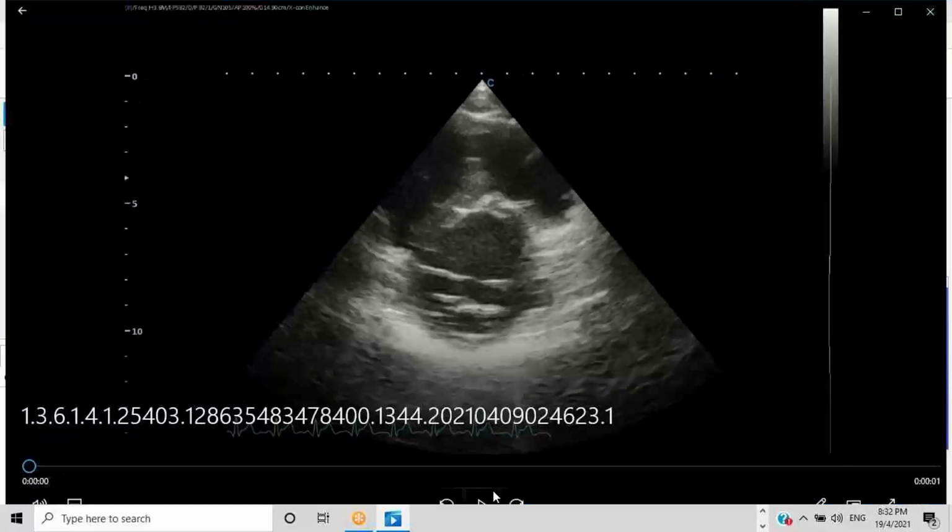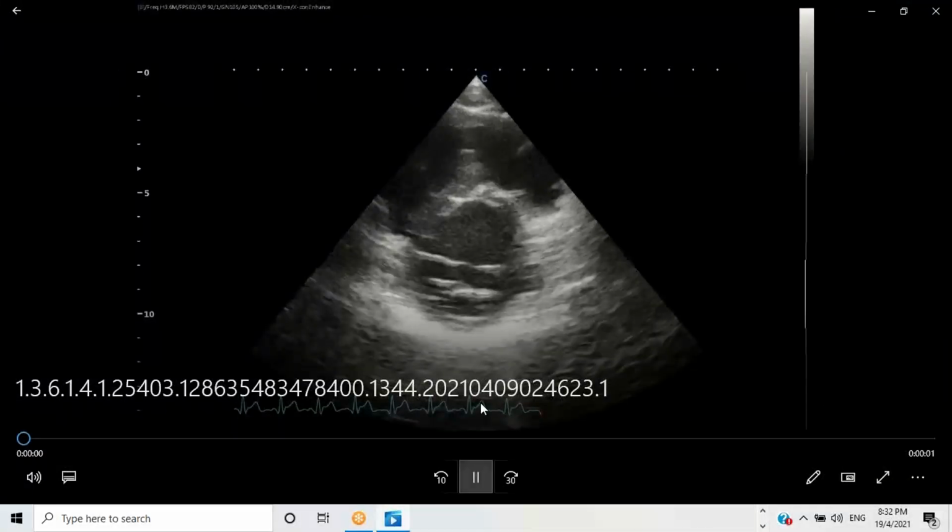Okay, so this is your short axis at the base of the heart. Remember, at the base of the heart, you have the mitral valve.